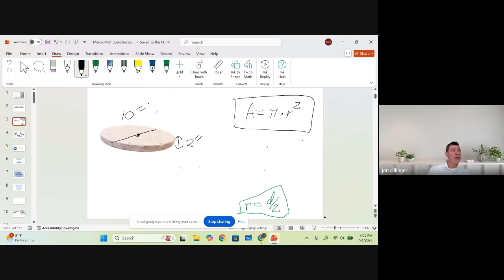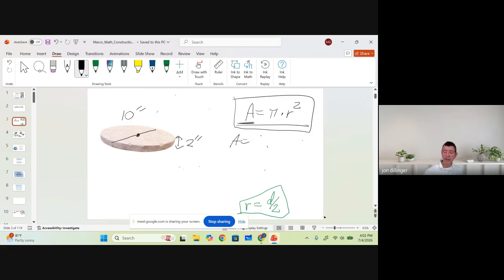So now we can get the area, and then we can also get the volume. So let's get the area first. This is the equation for the area. So what you do is just plug in the numbers.